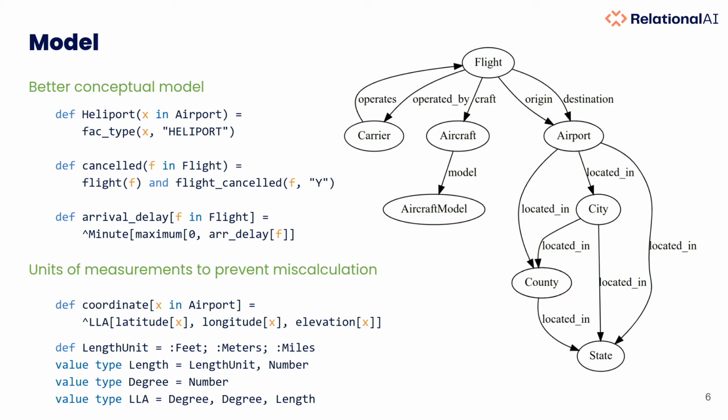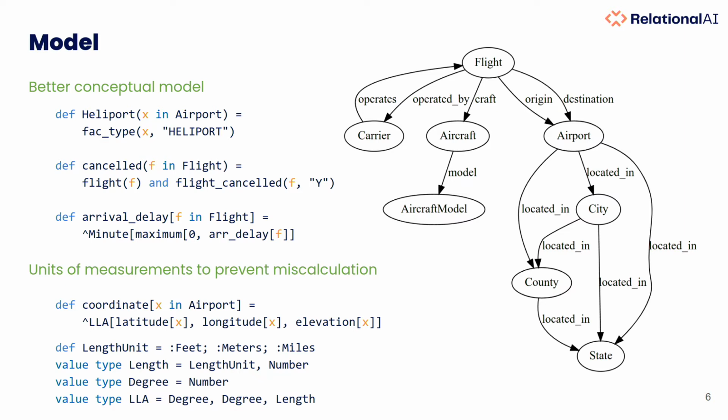We're going to define exactly that an arrival delay is in minutes. And if we're doing anything with, let's say, kilometers or minutes or whatever, then we're going to use specific units of measurement to make sure that we know exactly what we're talking about. So let's say the coordinate of an airport is in latitude, longitude, elevation, and we will know exactly what the units of these are. I'm not going to explain this in detail. Hopefully it's just intuitively clear roughly what this stuff means.